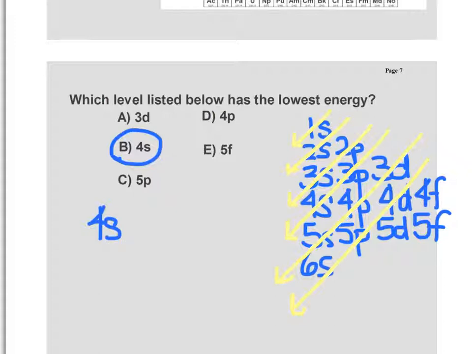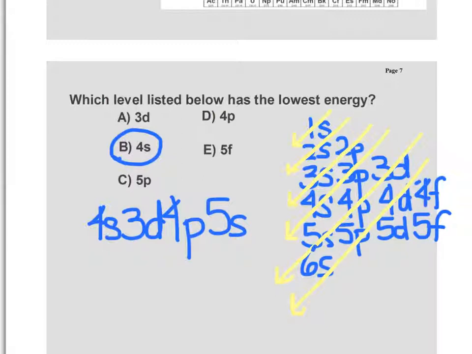After 4s, it would go back and fill 3d. Then if that got filled, it would then go to 4p, then 5s, and you notice that we don't get to 5p or 5f until much later on. After 5s, we're going to go back to 4d, then 5p, and then 6s, and 5f does not get filled until much, much later.